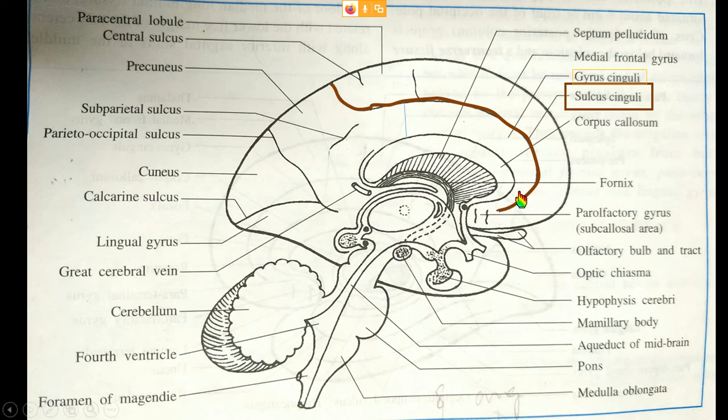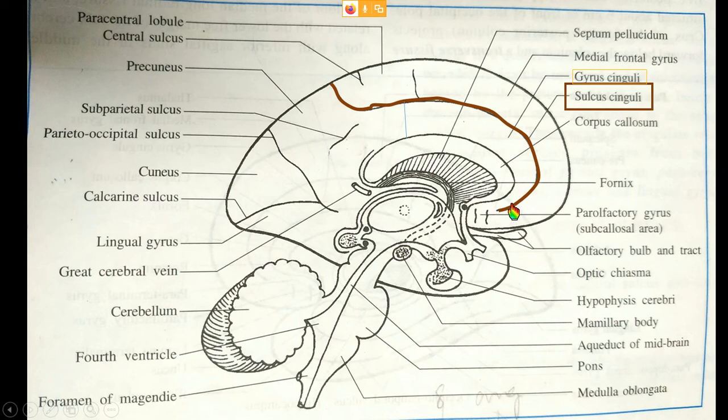It is the most prominent sulcus, which follows a curved course about 1 centimeter above and parallel to the upper convex margin of the corpus callosum. Okay, this is the cingulate sulcus.